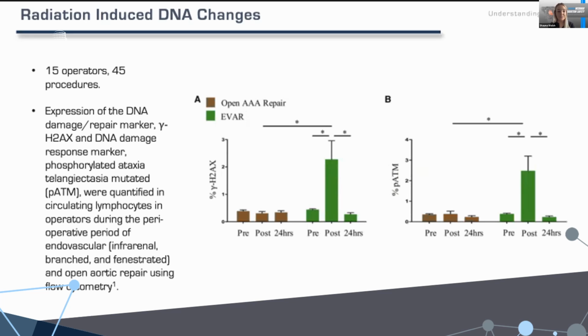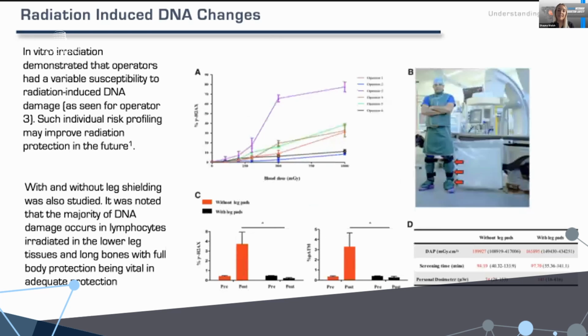And although this does go back to the baseline, it's a really interesting insight into the sensitivity of our DNA to radiation. This study also included in vitro irradiation, which demonstrated that operators had a variable susceptibility to radiation-induced DNA damage. As we can see here in operator 3, so the pink, such individual risk profiling may improve radiation protection in the future.